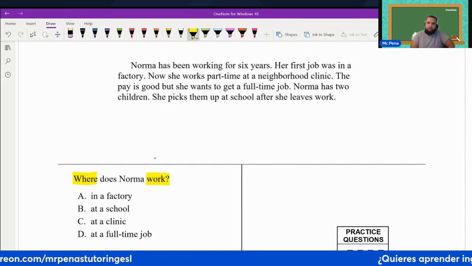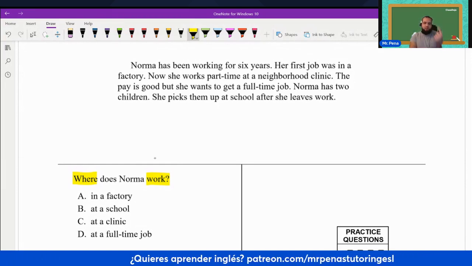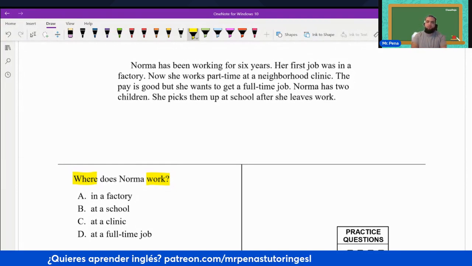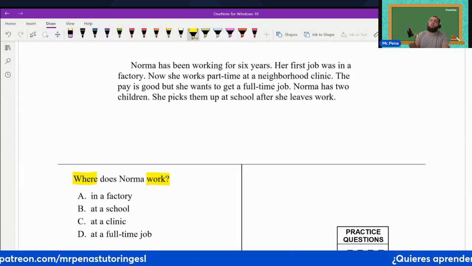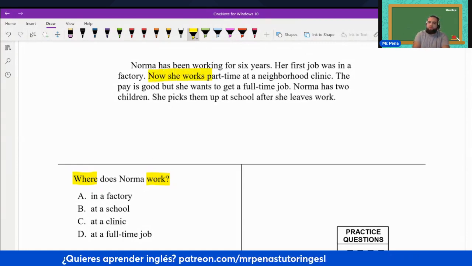This whole paragraph is about Norma. It says she has been working for 6 years. That's not where she works. Her first job was in a factory. That's where she did work. She used to work at a factory. That was her first job. But it says here now she works part-time at a neighborhood clinic.